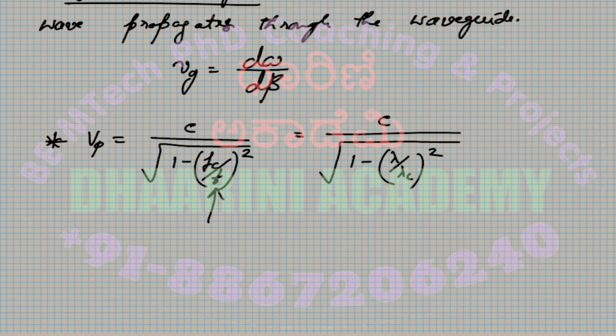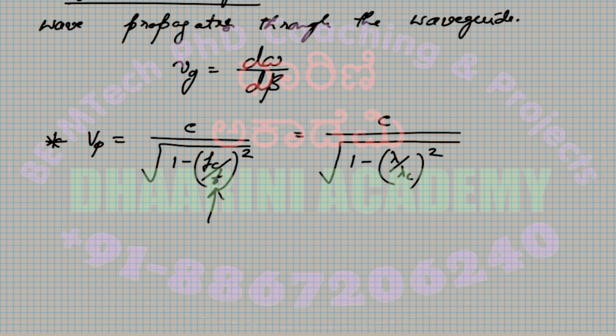So the phase velocity Vp depends upon the numerator. You can see C in both equations. It is the velocity of light in free space, divided by the root of 1 minus, in the first equation, Fc by F the whole square. In that, Fc is the cutoff frequency of that wave. We already have an equation to calculate that.